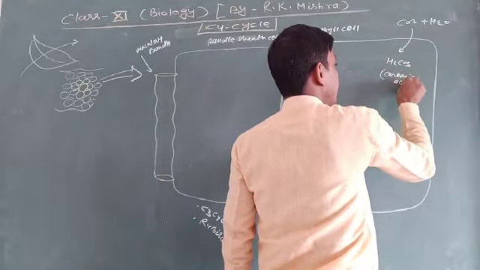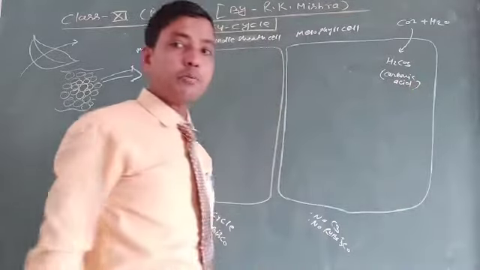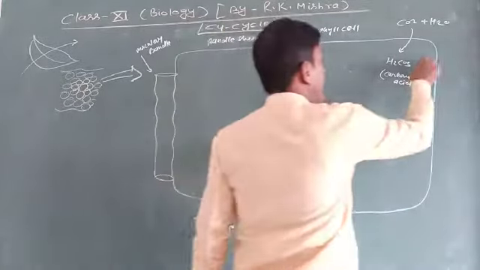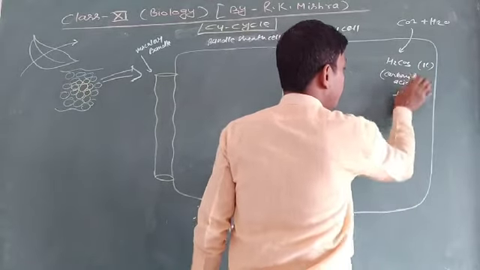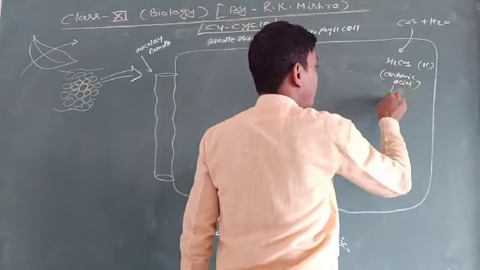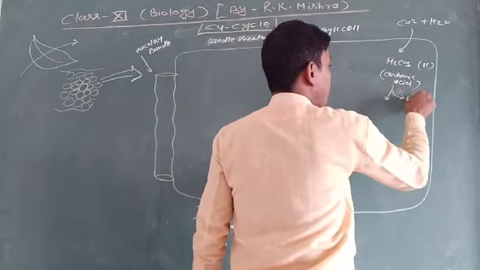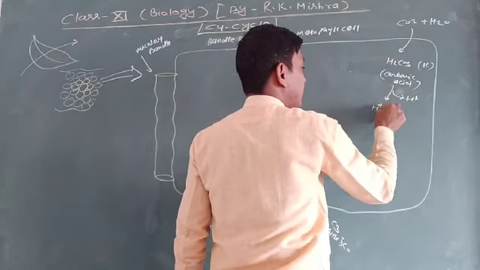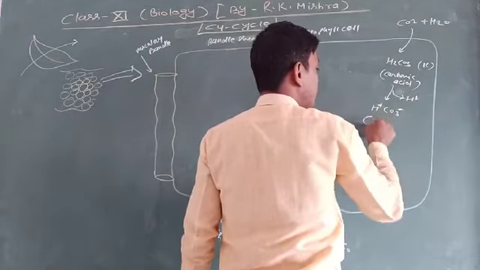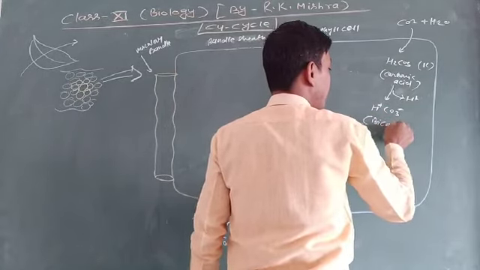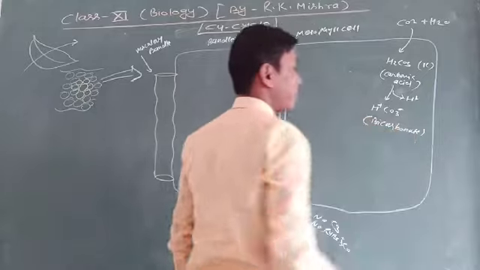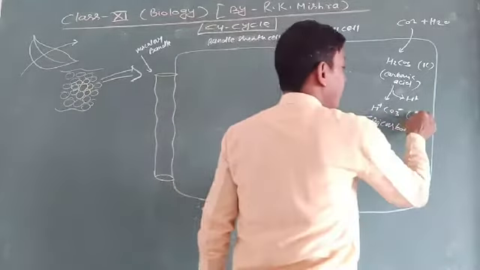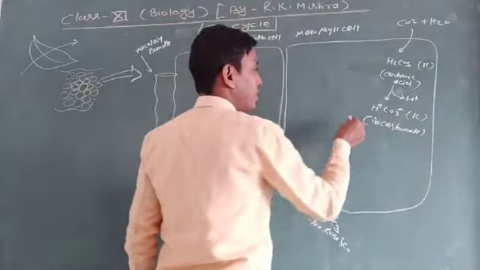This carbonic acid is a one carbon compound. By the elimination of a proton it forms the bicarbonate ion, HCO3 minus. This is the bicarbonate ion, and this is also a one carbon compound.